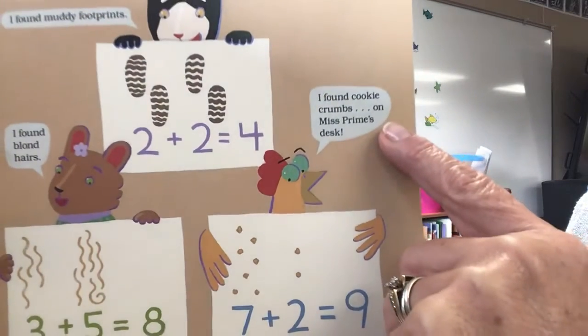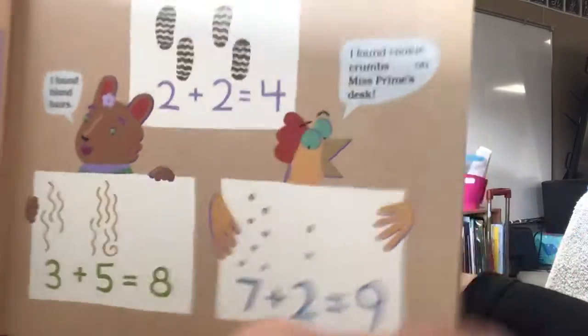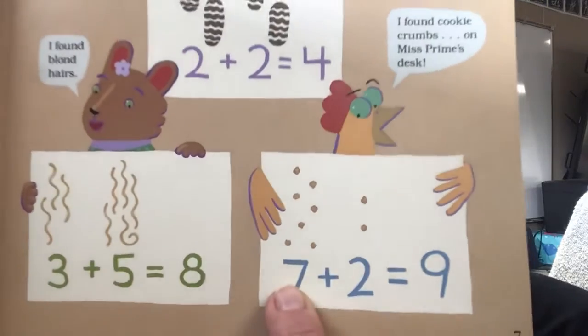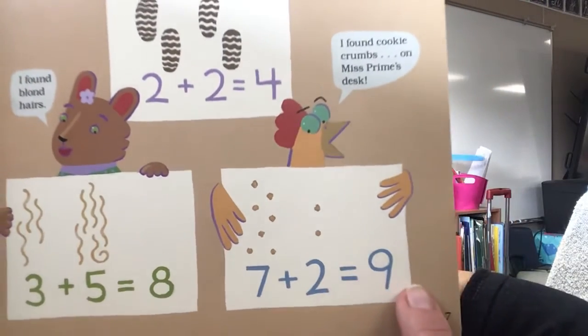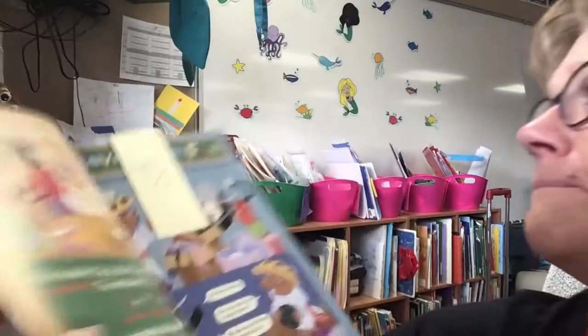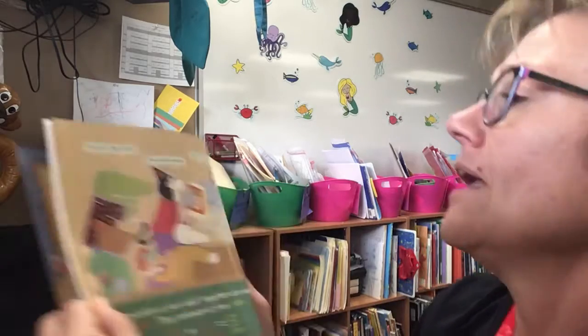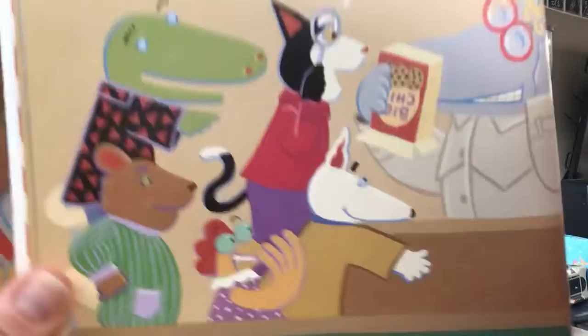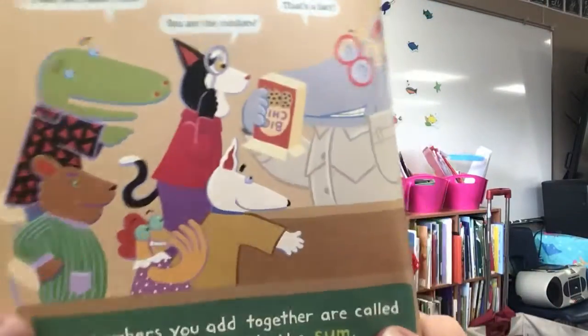I found cookie crumbs on Miss Prime's desk. 7 plus 2 equals 9. It was you, Miss Prime. You ate the cookies. That's a fact.